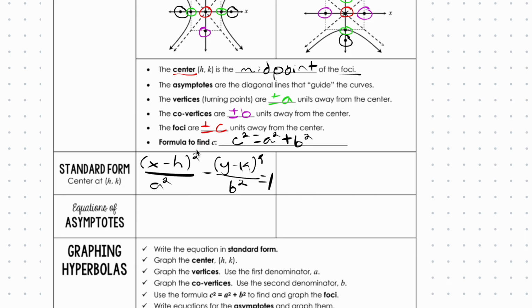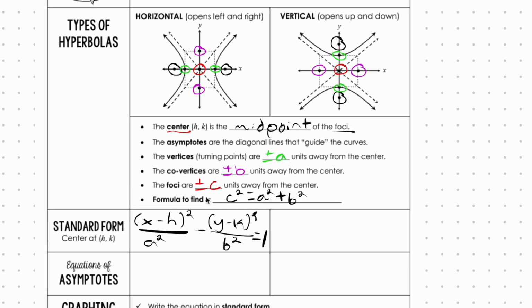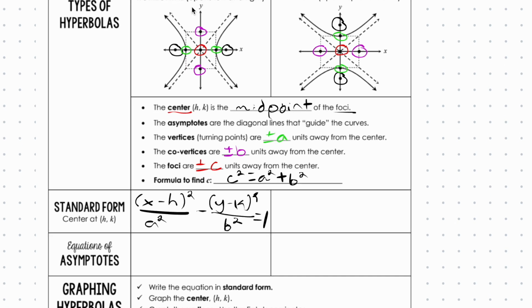This is our standard form for a horizontal hyperbola, which means we're opening up horizontally. One thing to remember: if we have our x term first, it's a horizontal hyperbola. If we have our y term first, it's vertical.